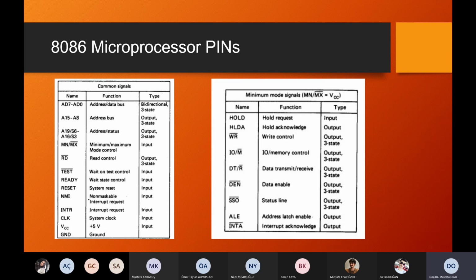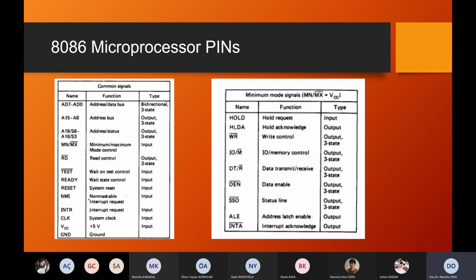I will be excluding maximum mode signals from the course because it is quite complicated, and the complication comes from the need for using external devices in order to operate in parallel. I would have to introduce new integrated circuits and give their functionalities, and then one term would not be sufficient to complete the course.